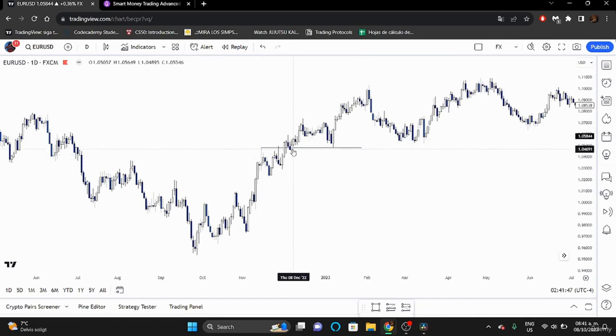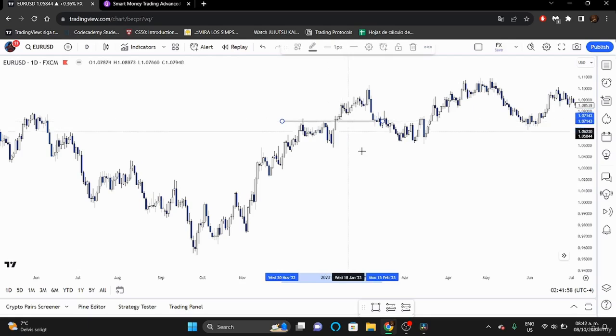We run, we touch it, we go higher. Once we go higher over here, where is the mitigation block? Mitigation block is right here. However, this is a bearish scenario because we're broken. We disrespected the bullish order flow, so change to bearishness.